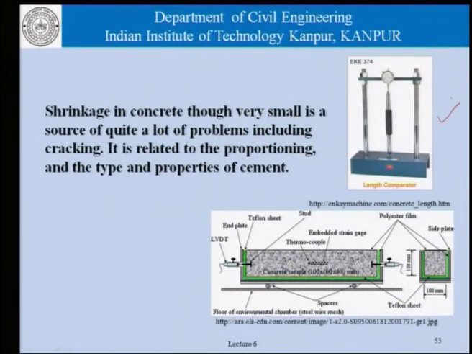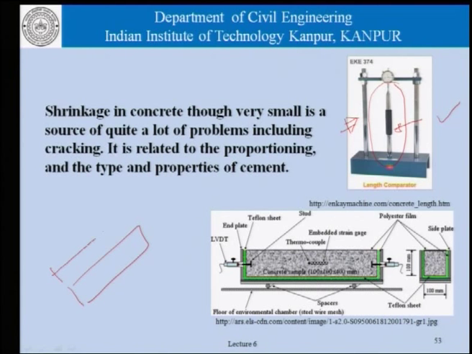So, this here is a length comparator which has a standard length bar, and based on this length we can use the frame shown here to study the small changes in length that occur in a concrete prism which could be of a certain size.